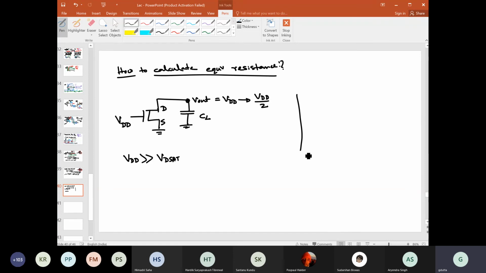let us plot that characteristics. This is VDS, and this is ID. These will be the characteristics of this MOSFET for a gate voltage of VDD, because this is now the VGS. VGS is VDD. So suppose we have one characteristic like this.